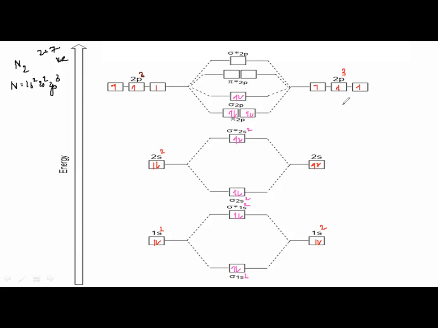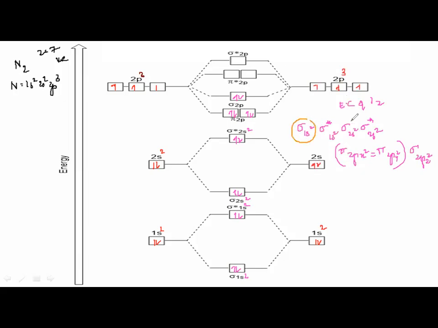So what will be the electronic configuration of nitrogen? Sigma 1s2, sigma star 1s2, sigma 2s2, sigma star 2s2, pi 2px2 equal to pi 2py2, and then sigma 2pz2. Correct?